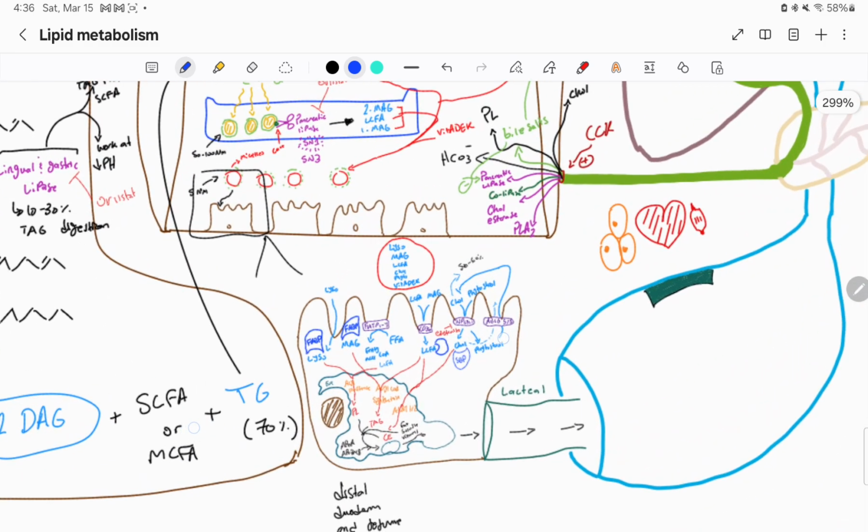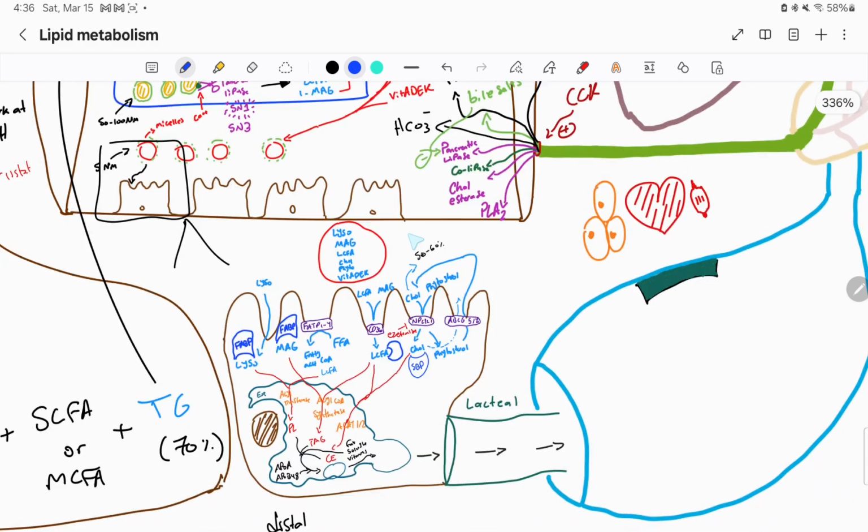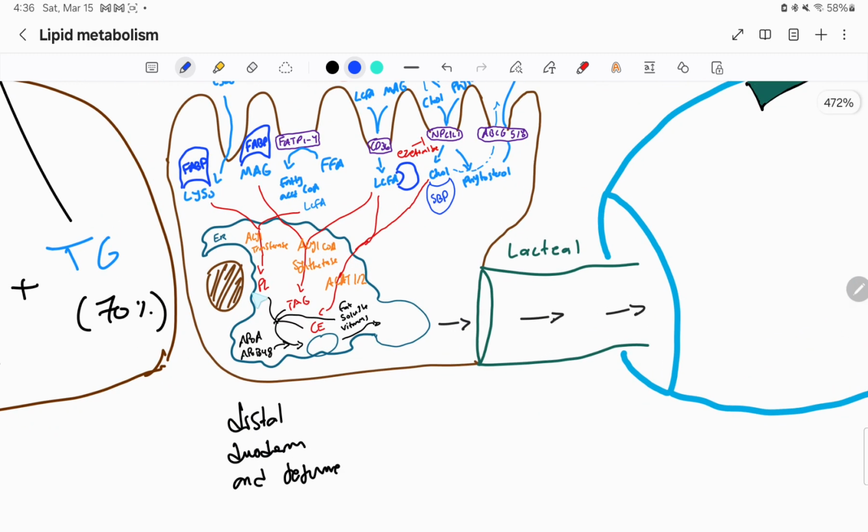If you guys remember, we had those micelles that were created from lipid digestion, and we were going to absorb these guys, okay? Once we brought them into the enterocyte, we turned all of those molecules into small molecules like fatty acids, the monoacylglycerols, and so on.